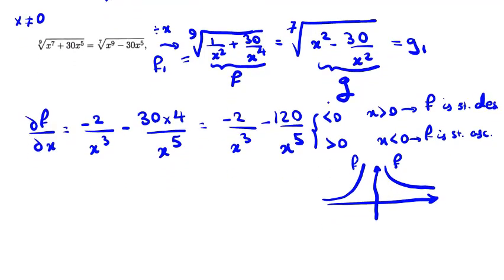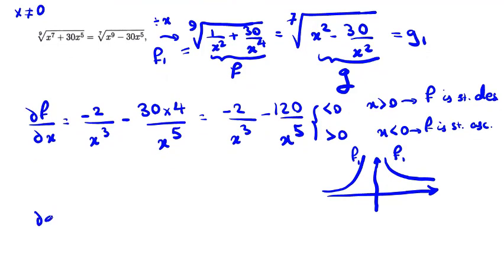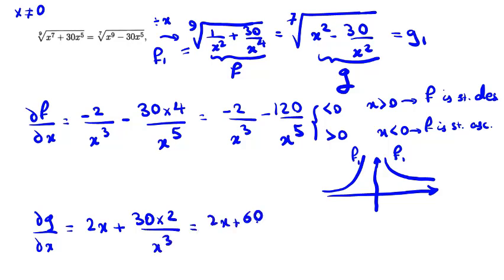Now we want to consider f1, because if you consider the 9th root, also it is this. If we differentiate g, here it will be what? It will be 2x plus 3 times 2x cubed. So it will be 2x plus 60 over x cubed.